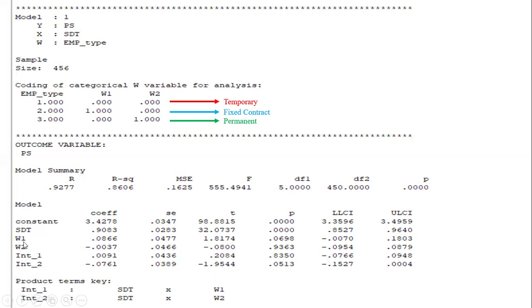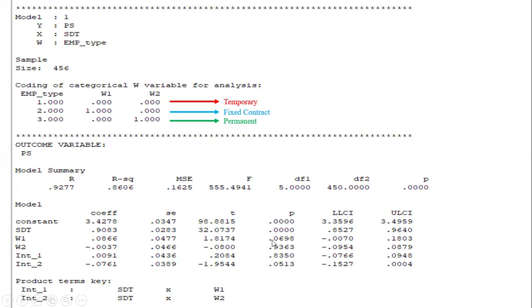You can see the impact of your independent variable is positive and it is highly significant. You can see the impact of W1, which is basically the first category, and W1 indicates the fixed contract employees. It means that the impact of the employees with the fixed contract is showing a positive impact, which is weakly significant because the value is greater than 0.05 but less than 0.10.